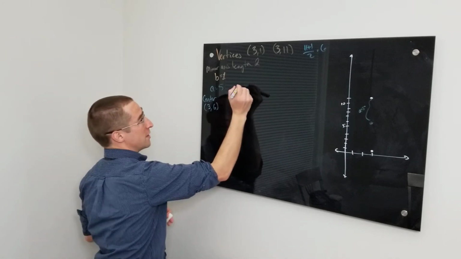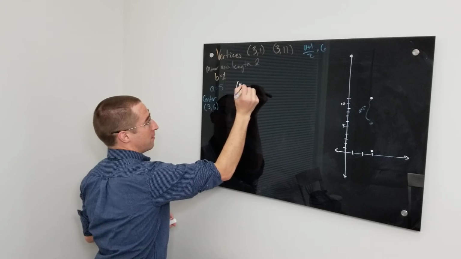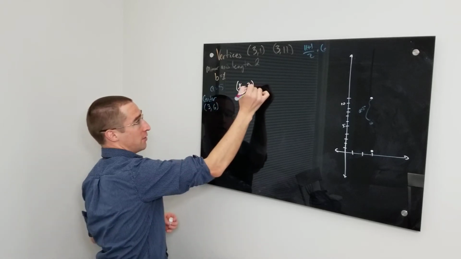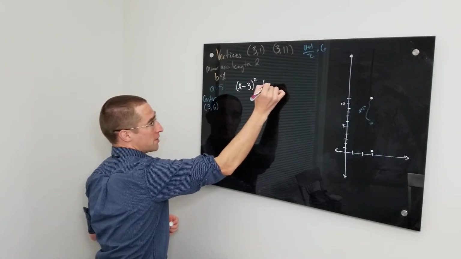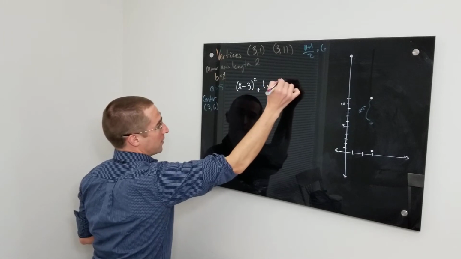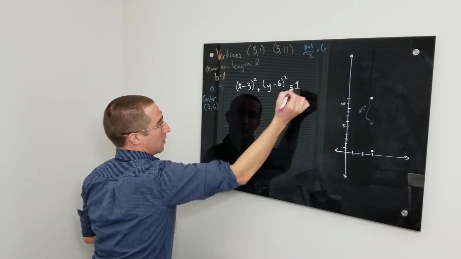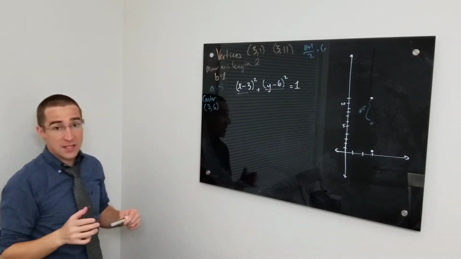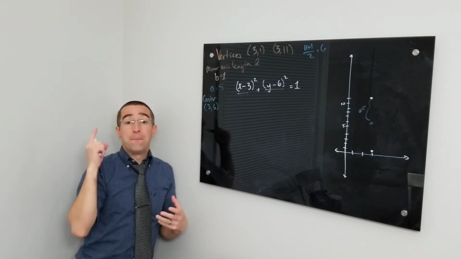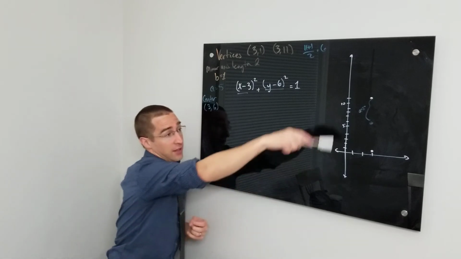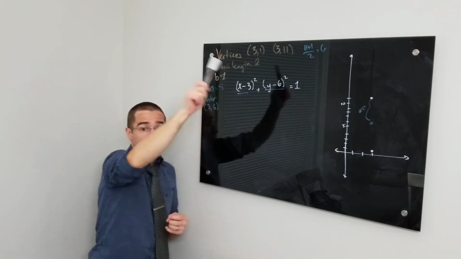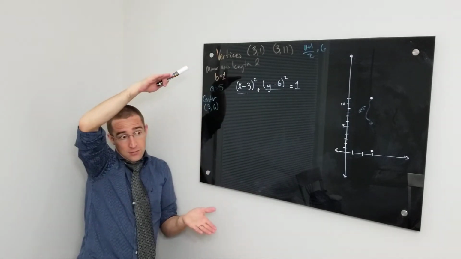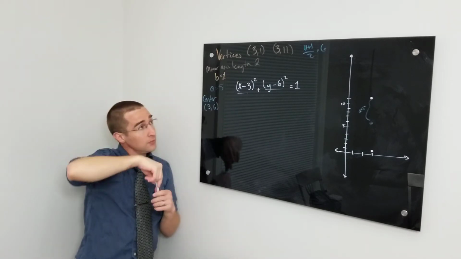The equation is going to be x minus the x number of the center squared plus y minus the y number of the center squared, equals 1, and then we divide by the a squared and the b squared. Because we have a vertical axis, our vertices are above each other.